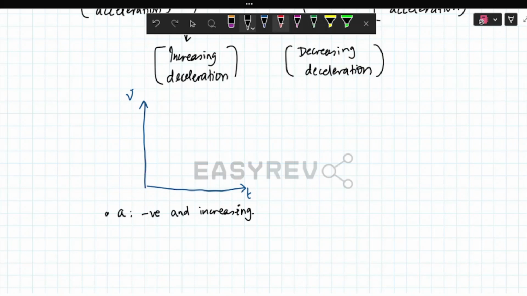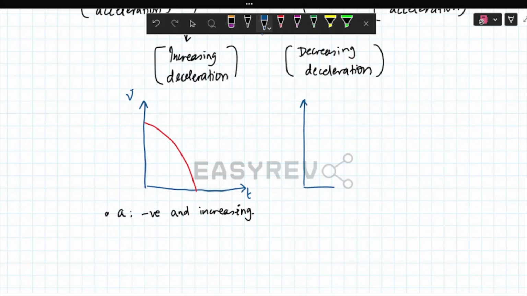So the slope should be negative, meaning it should be a graph line dipping down, and it should be a curve in such a way that its steepness increases as time goes on, which would be a nosedive kind of graph line like so.